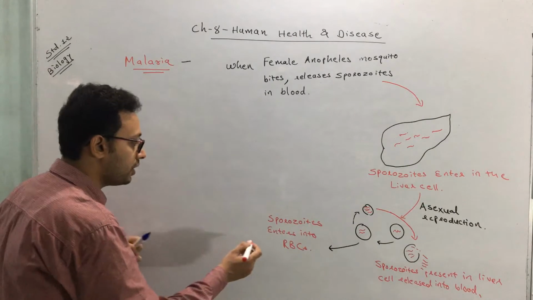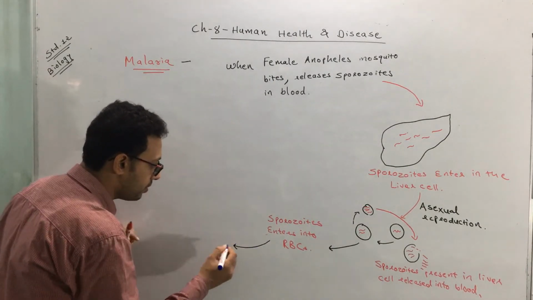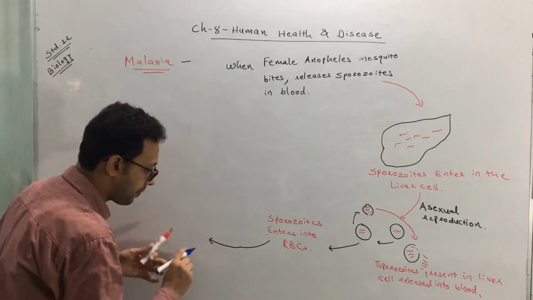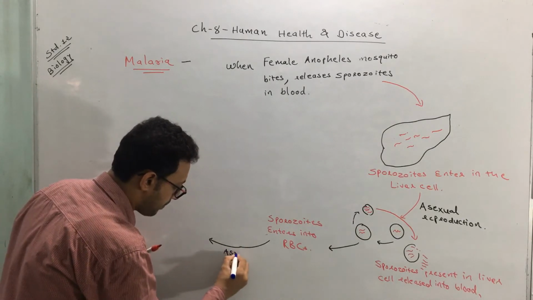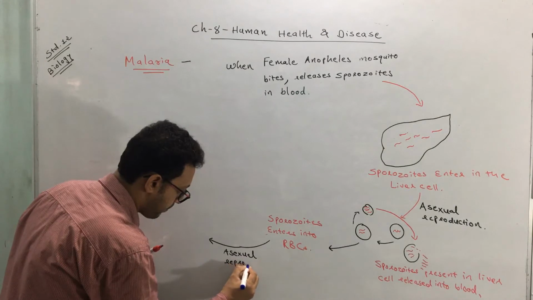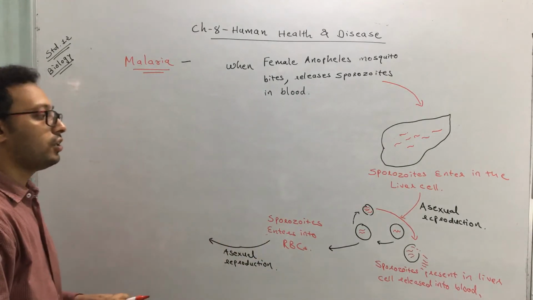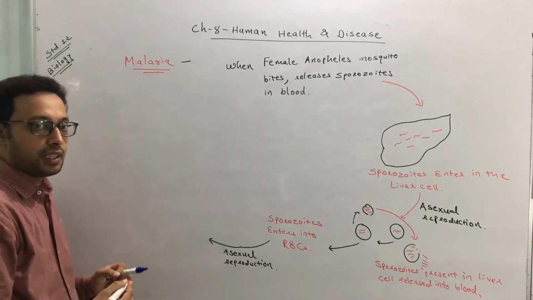They also undergo asexual reproduction. Okay, and they also rupture the RBCs.